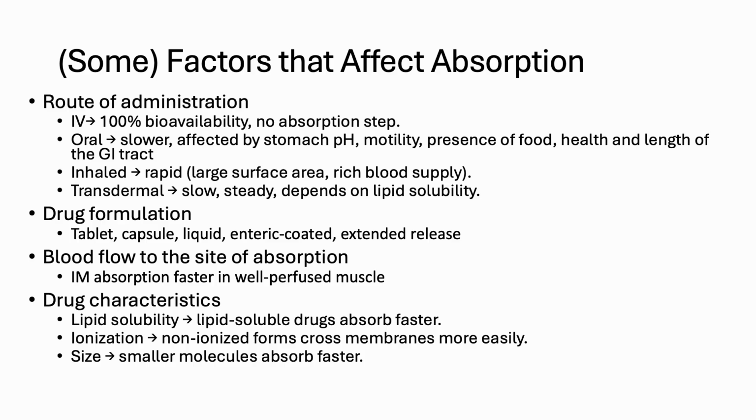People with these inflammatory illnesses like ulcerative colitis, Crohn's disease, people that have had bowel cancers, sometimes have parts of their small intestine or large intestine completely removed. So that means you have less surface area for absorption. So those are examples of how the health and the length of the GI tract affect absorption.